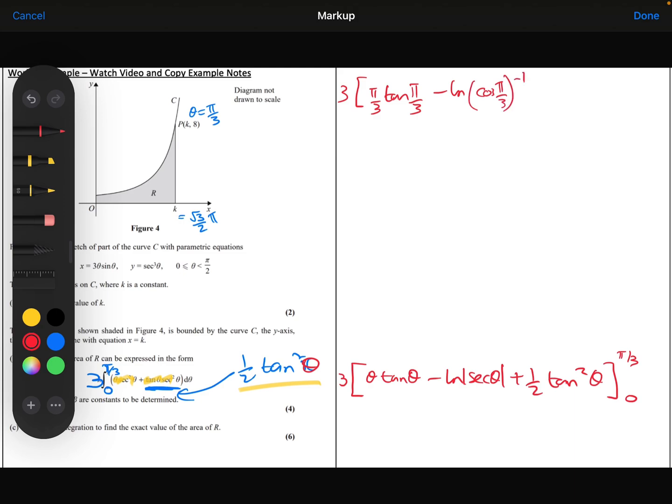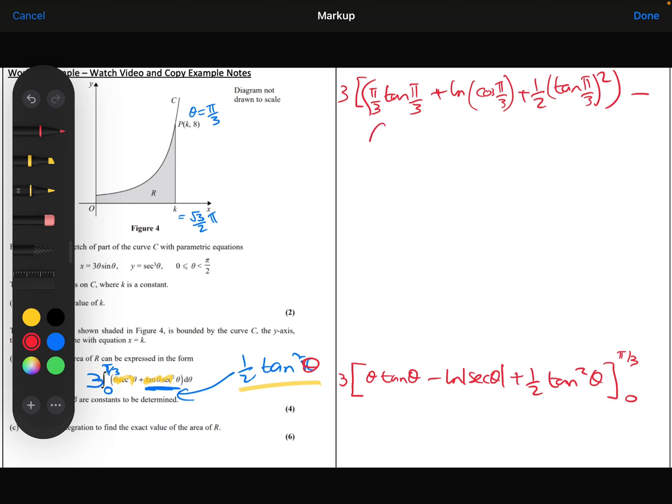And then with the laws of logarithm, I can take that minus 1 and put it at the front. So that simplifies my life a little bit. Plus 1/2 tan pi over 3 squared. So that's me substituting in the pi over 3.